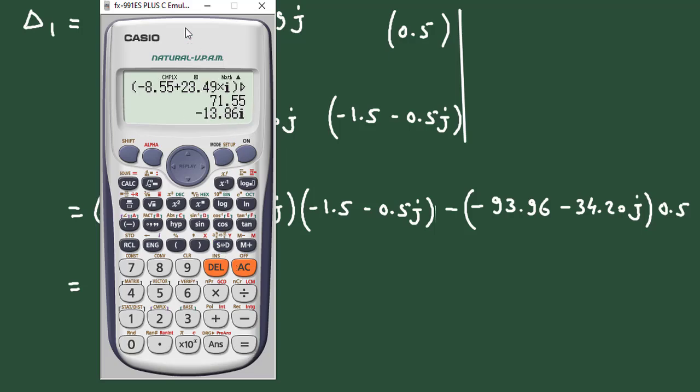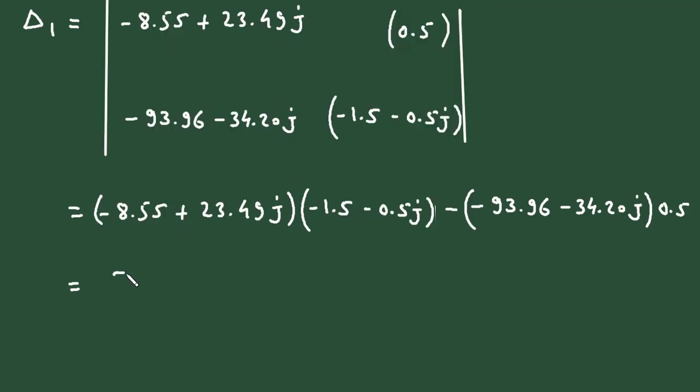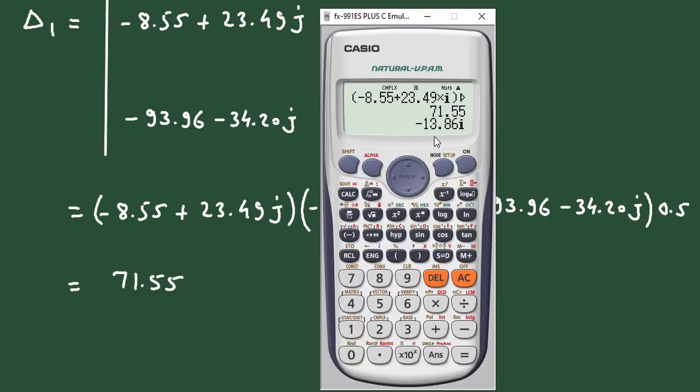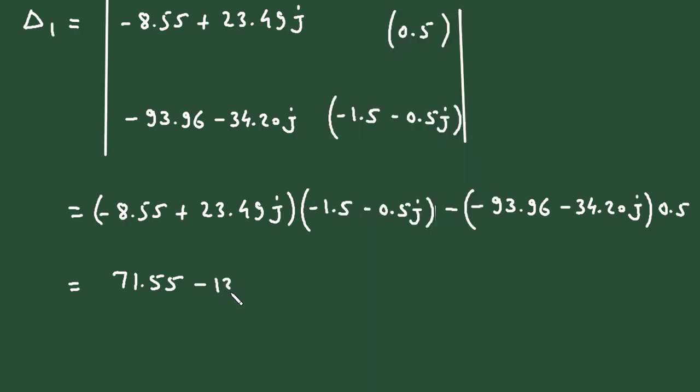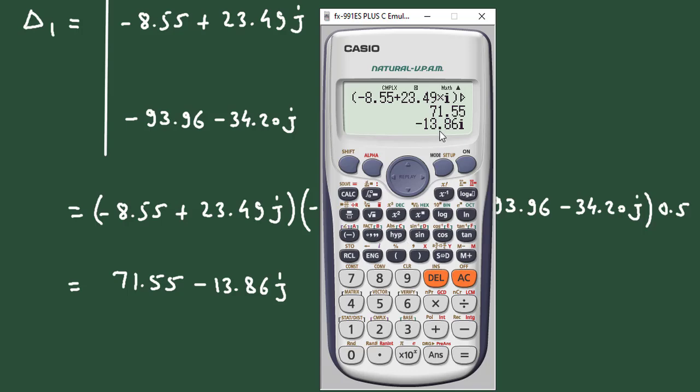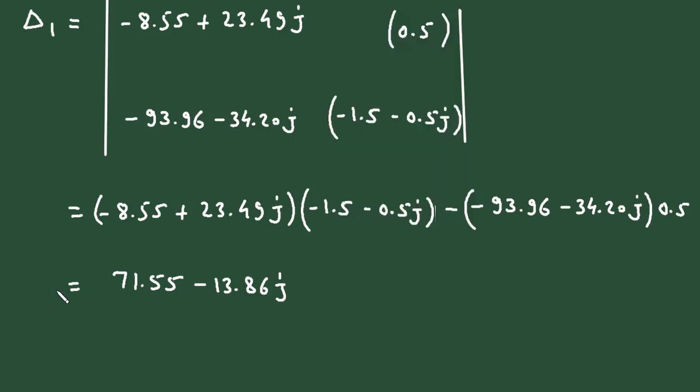So it is 71.55 minus 13.86 j. So this is the value of delta 1.